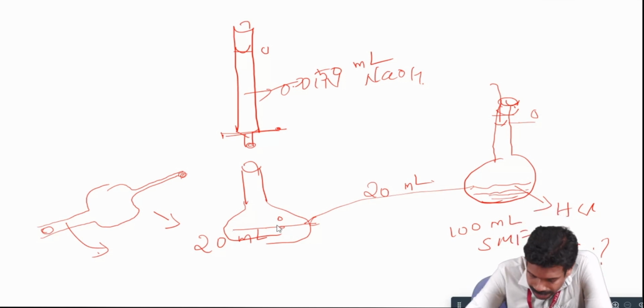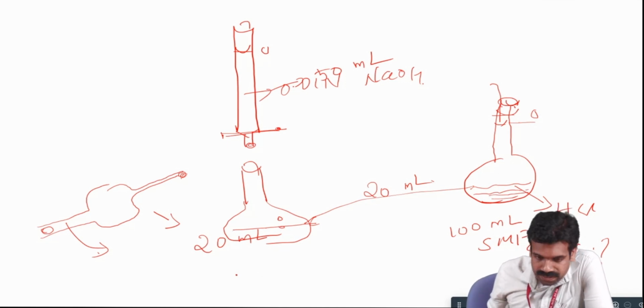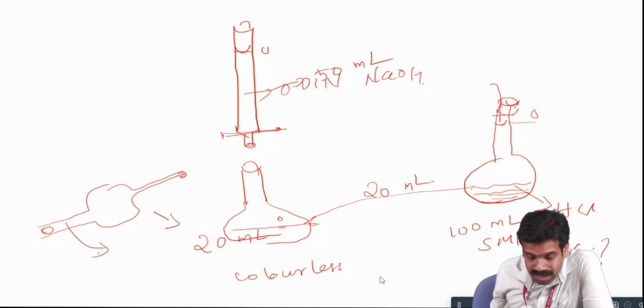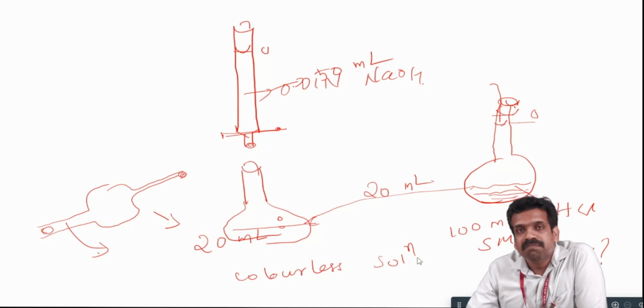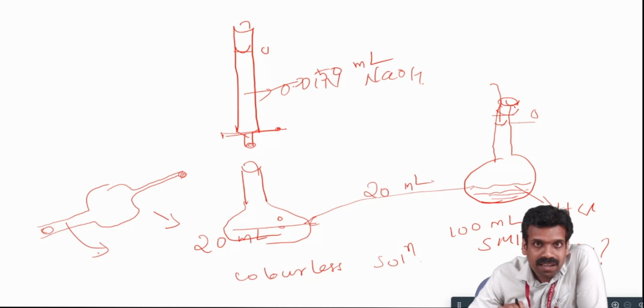When you add the indicator into an acid solution, where the pH is always less than 7, it will be a colorless solution. And remember, we have not started the titration yet. This is just a setup for doing the titration. The titration will begin once we are ready with all these things.